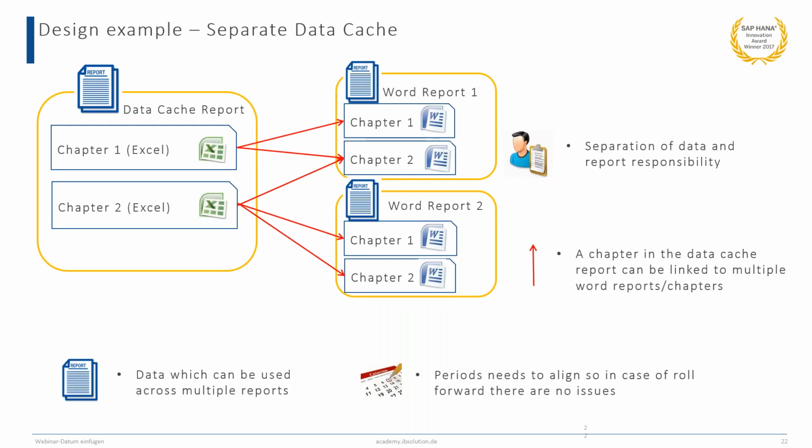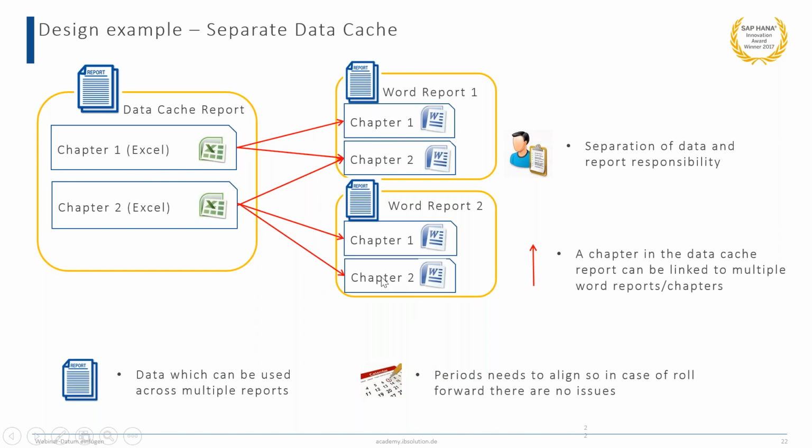What we are looking at now is a design example of how this could work. So we can have two data caches, and they can feed multiple Word chapters. You can see the first data cache is feeding 2 Word chapters. The second one is feeding 3.